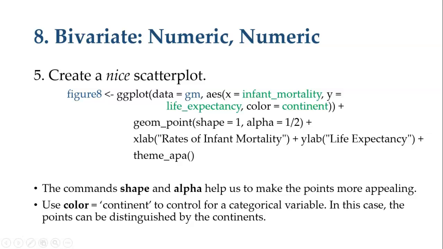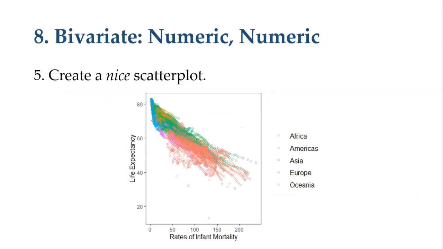So in this case, I use continent as a kind of control variable. It would be better if you have only 2 values in your control variable, so you can see the contrast so much better. For instance, if you select red and blue, you can see the contrast in a better way, okay? And this is the nicer version of the scatter plot.